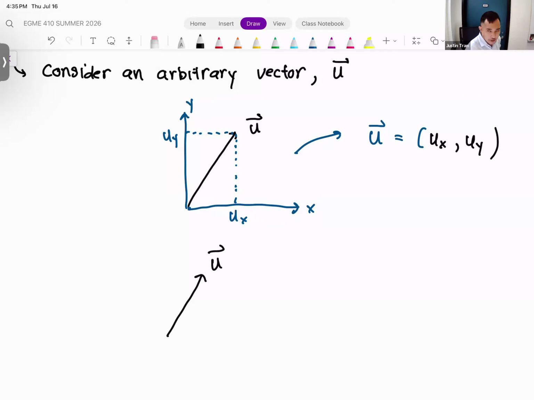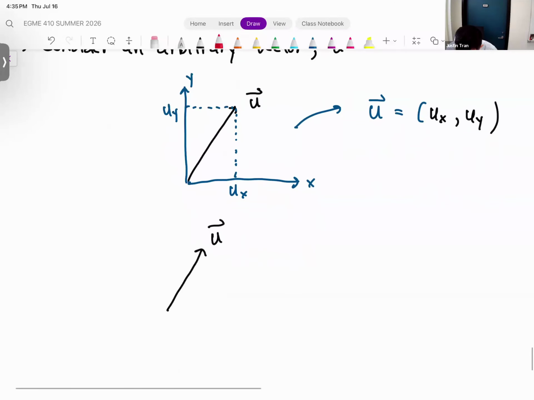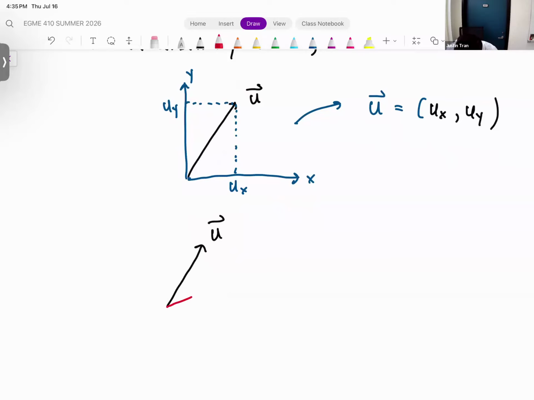The only thing that's going to change is how we describe that vector. In one sense, we describe the vector in terms of its standard x, y. We're also going to describe the vector in terms of a local coordinate system. The local coordinate system may not necessarily align with the vector itself. So actually for this purpose, it's not going to. So let's define a local coordinate system, maybe something like this.